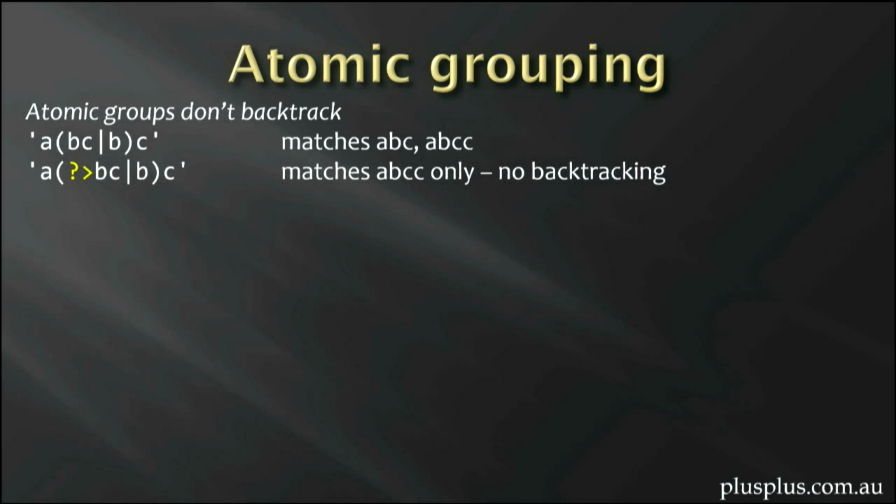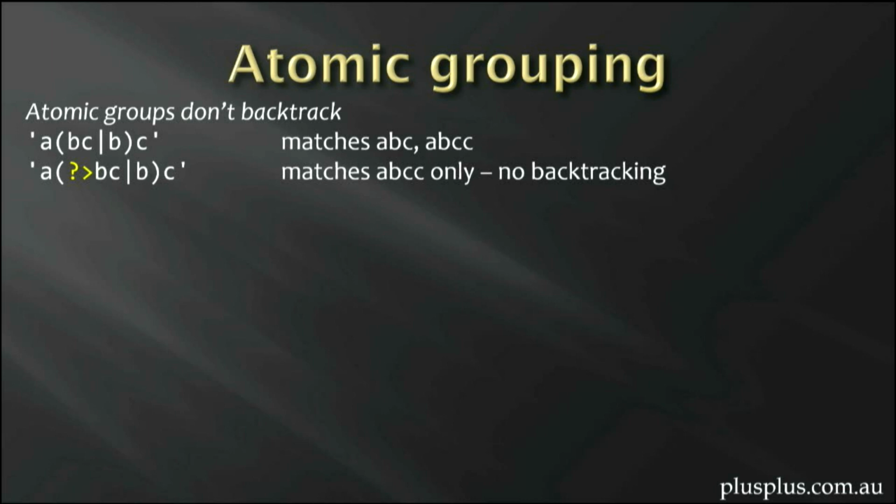So the pattern of A, B, C, or B and a C, would match both A, B, C, and A, B, C, and the C. But the atomic grouping, after it's eaten, after it's chewed through, after it's consumed the BC, there's no C left in ABC, so it would only give me a match on A, B, C, and C.